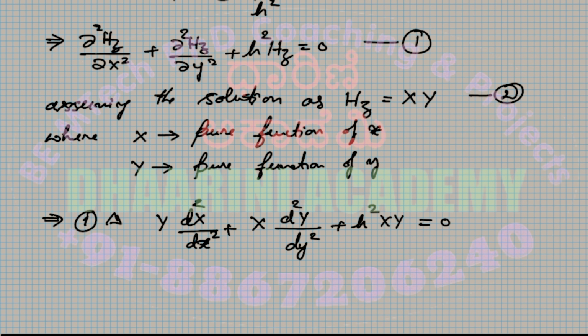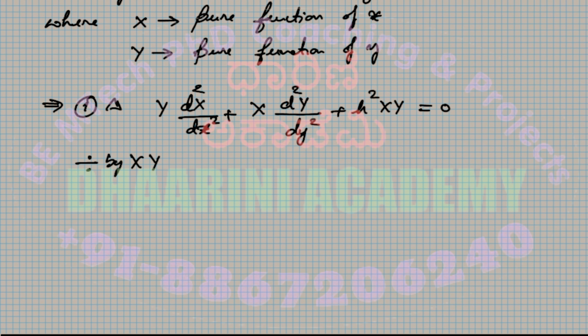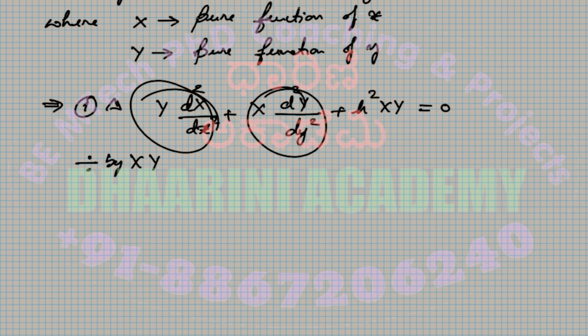If you remember, we divided this equation by capital X Y later, so that I got proper terms in terms of X. Now you see X and Y are mixed here. I don't want them. I just want them to be separated.